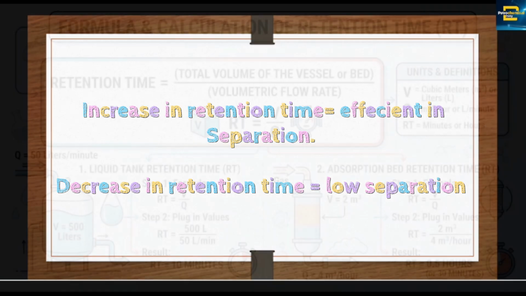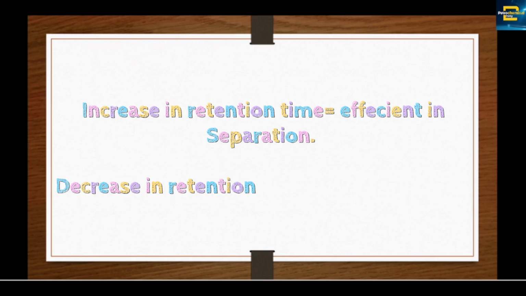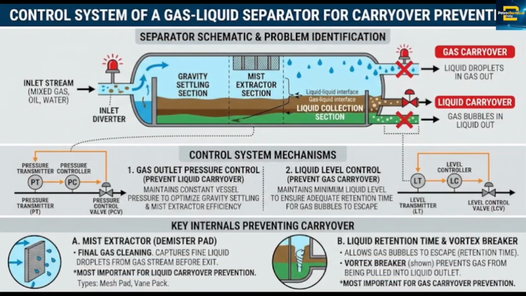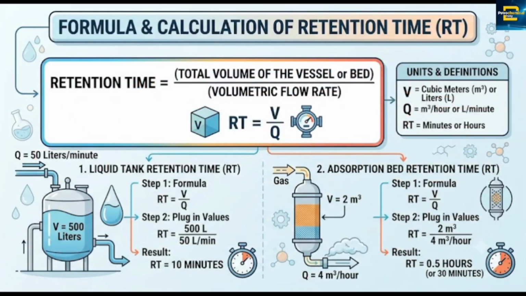But if the retention time is low, we have low separation. Like I said, if the retention time is high, we have good separation, but if the retention time is low, we have poor separation. So this retention time has the formula: total volume of the vessel over flow rate, that is V over Q.